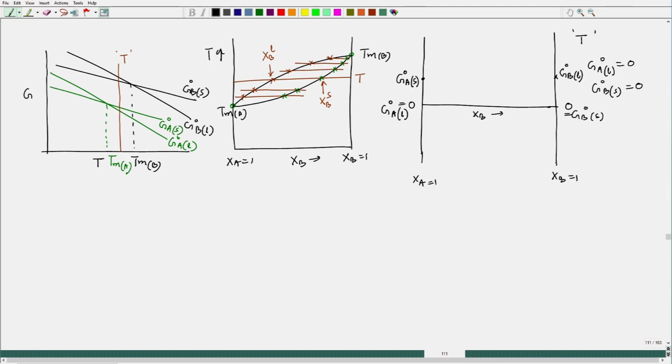Now we see that this is basically nothing but G1 for solid, and we have to find G1, that is, before mixing, the total free energy. And this other one is G1 liquid.